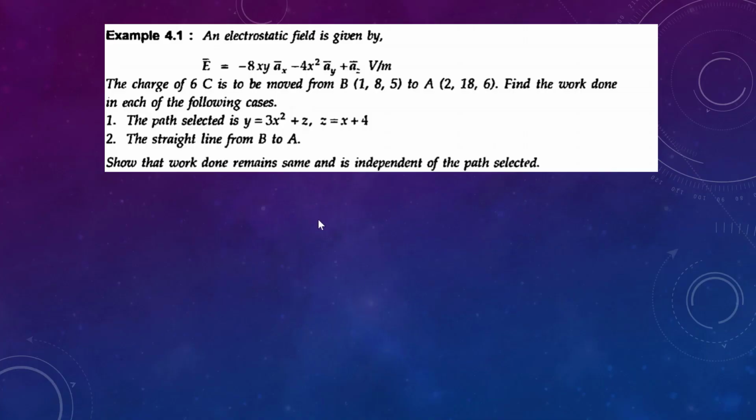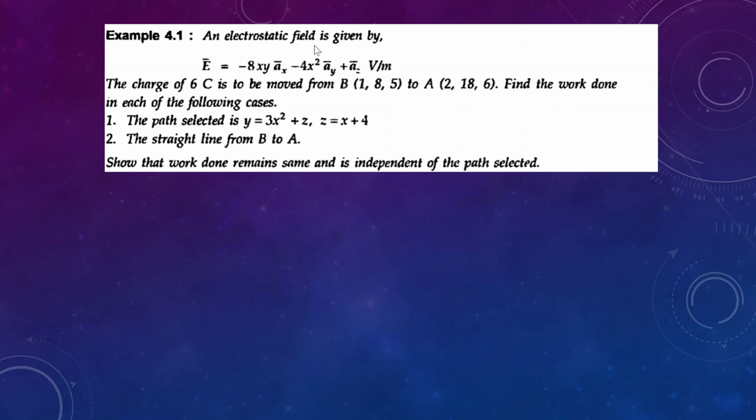Let us consider now one more example where the paths are different than straight line segments. Here they are given two paths. One is a curve shape and the other is a straight line from point B to A. So there is a different way to solve such kind of example to find the work done. What is the example?